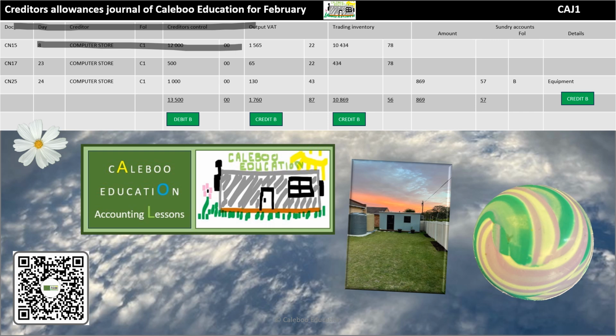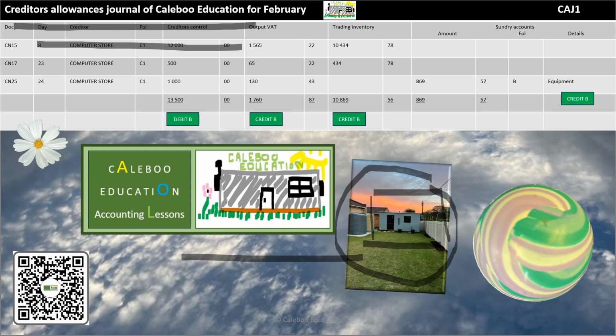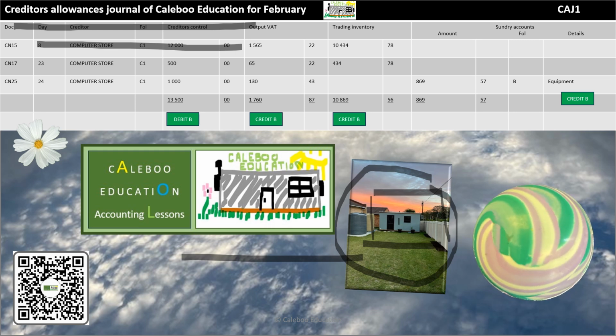And just a little bit of history. That's where my logo came from. That's my office in the backyard where I'm sitting right now, recording this information in order to help you guys. And I'm going to take you, if you stick with me, to another planet, the bookkeeper's planet.